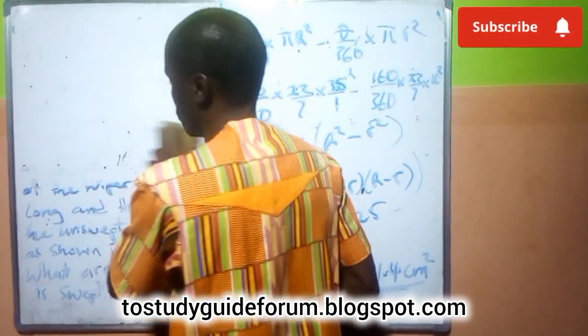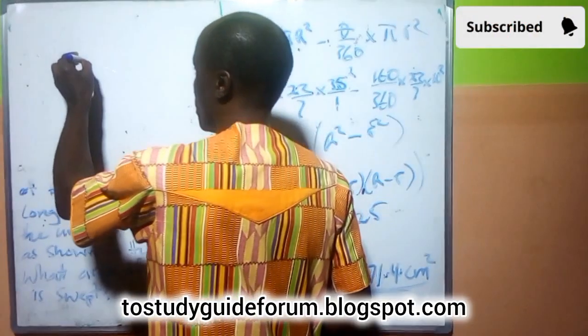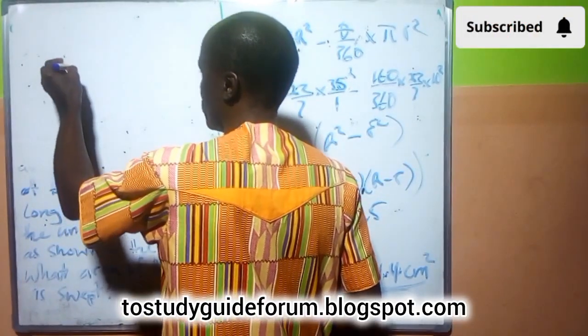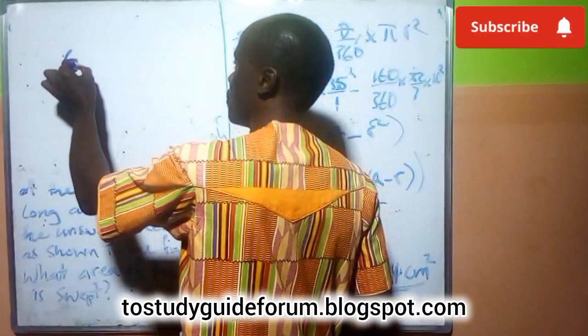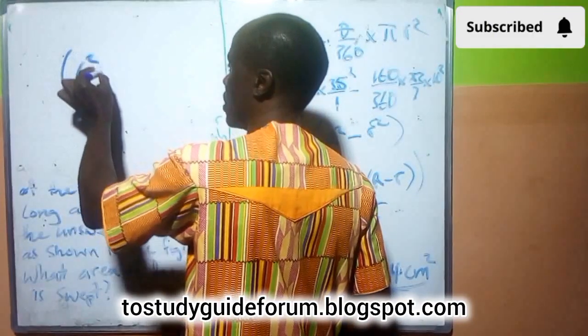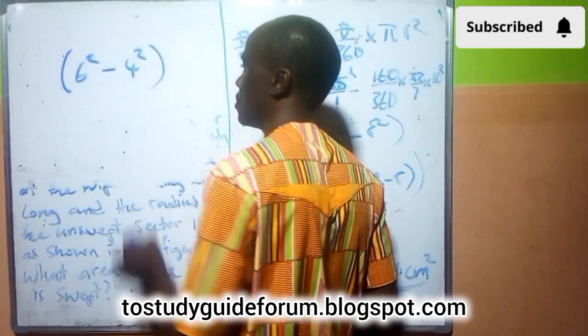Let's say we have something like this, 6 squared minus 4 squared.